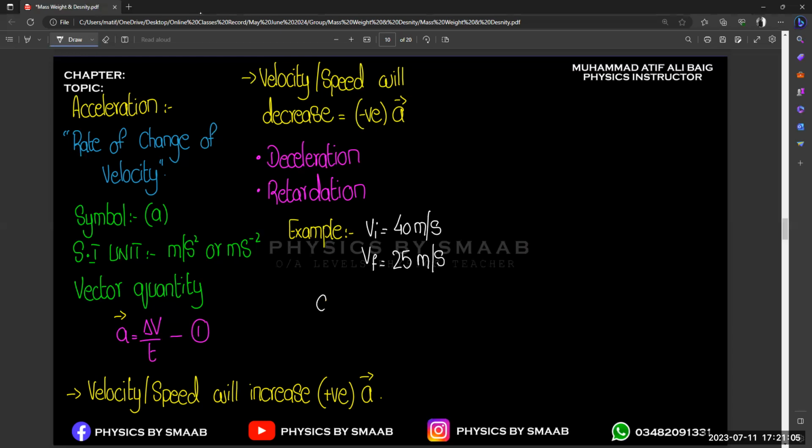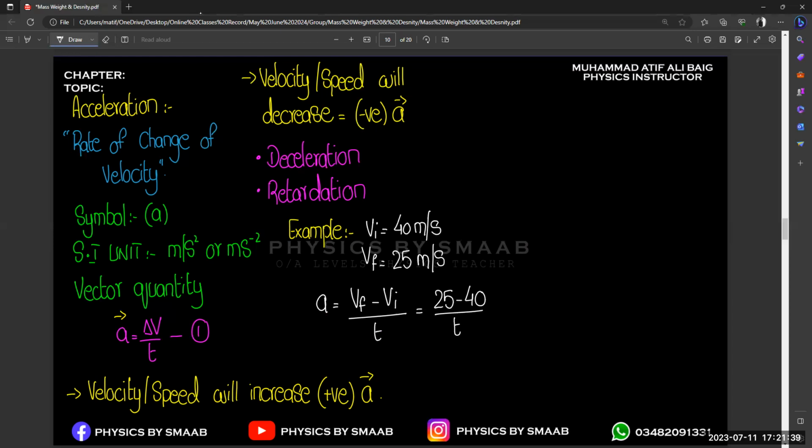So whenever you want to calculate the value of acceleration, we always find the difference as final value minus initial value, divided by time. So whenever you write 25 first and minus 40, you know that you will get a negative answer, right? That negative answer will never tell you that acceleration is in the opposite direction or anything like that. It gives you the concept that your speed or velocity is decreasing, right?